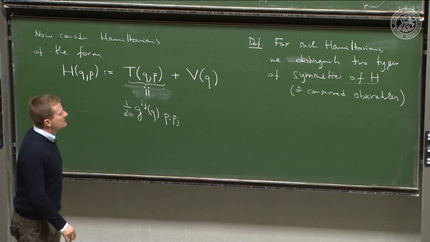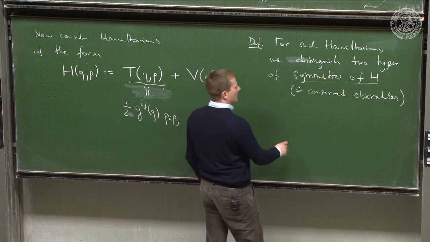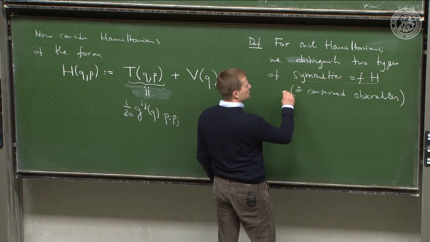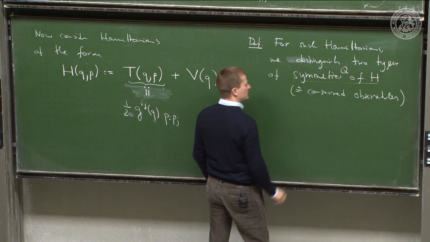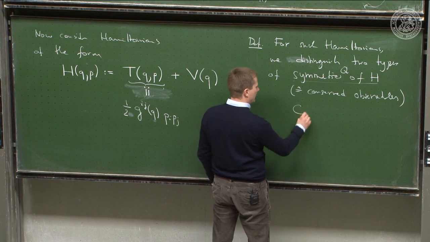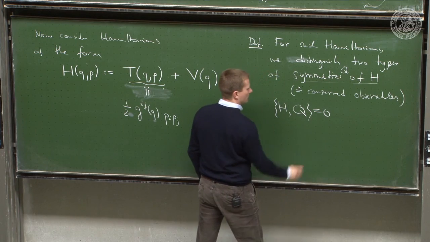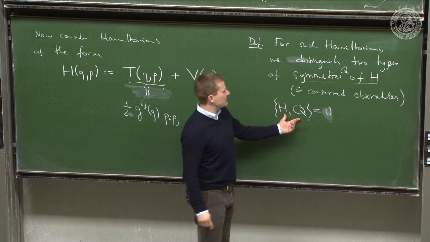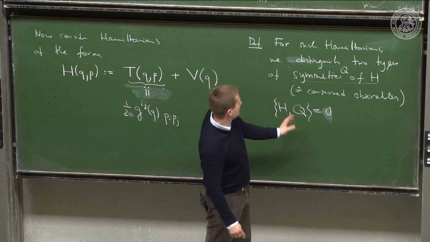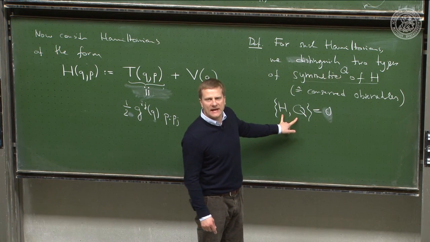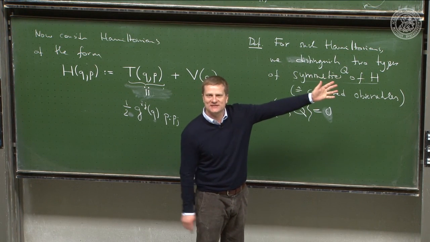We distinguish two types of symmetries Q of H. Because it's a symmetry anyway, {H, Q} is 0. This notation is more like Q is a conserved quantity. If I write it the other way around, it's more like H has the symmetry Q, but we know it's the same thing.